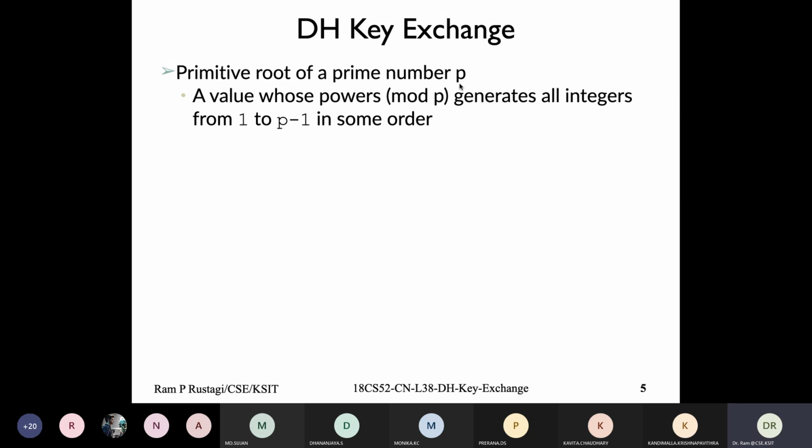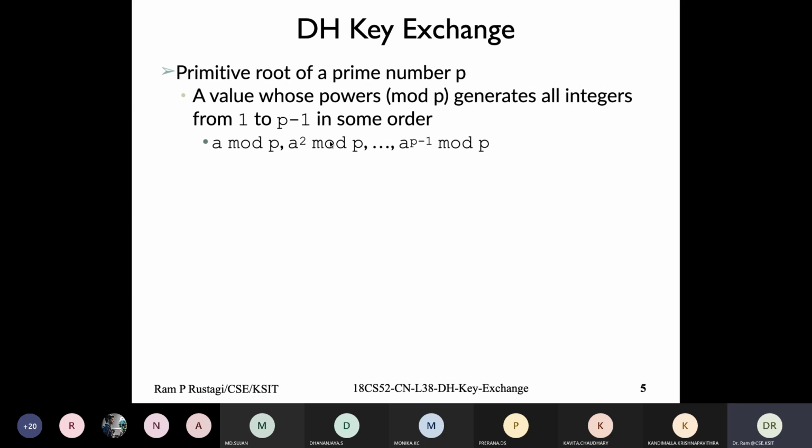So basically, for a prime number p, find a number such that when we generate the subsequent powers of that number, power 1, power 2, power 3, power 4, all the powers modulo p will give me all integers from 1 to p minus 1.